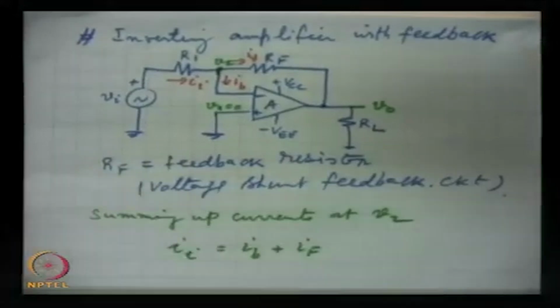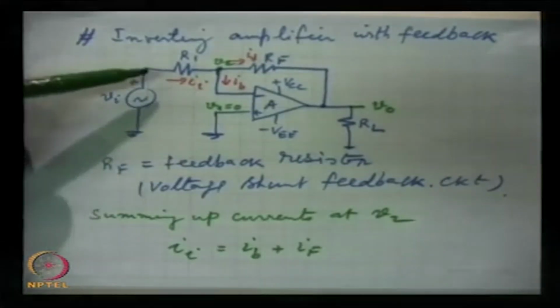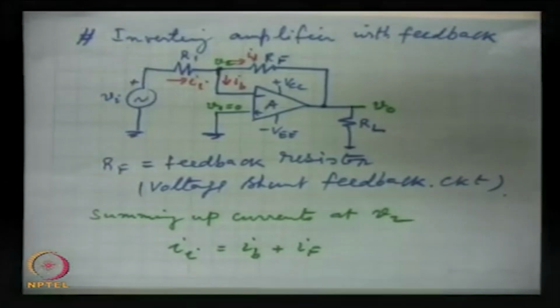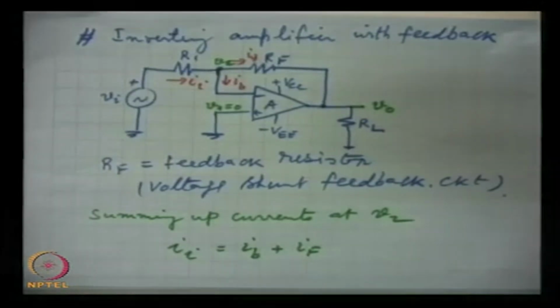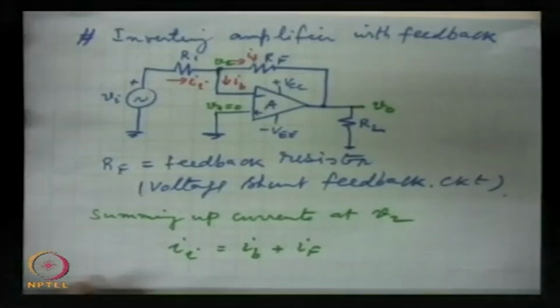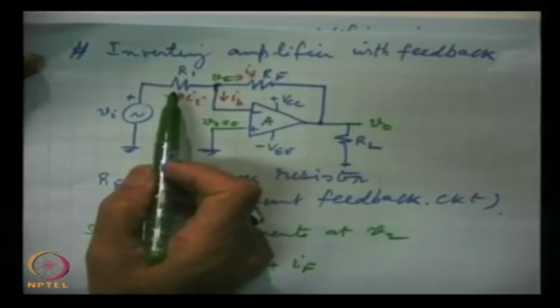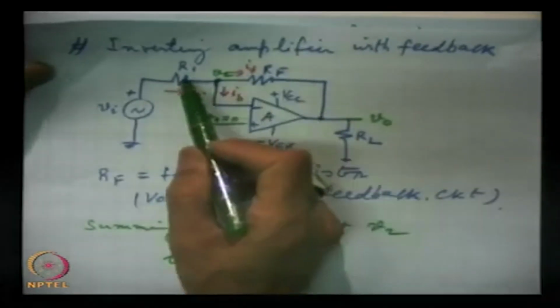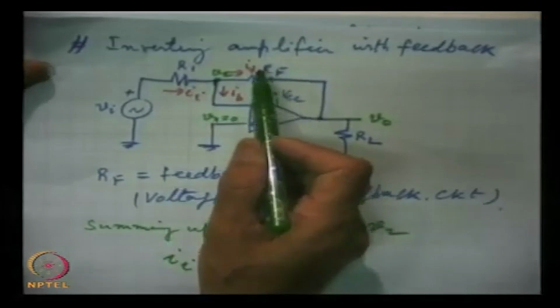Whatever value we choose in the inverting amplifier for R1, that will be the value for input impedance. How simple it is. If you want to have an inverting amplifier with input impedance of say 5 kilo ohms and gain 20, then take this R1 as 5K, and because gain is 20, 20 times of this, that means 100K RF.